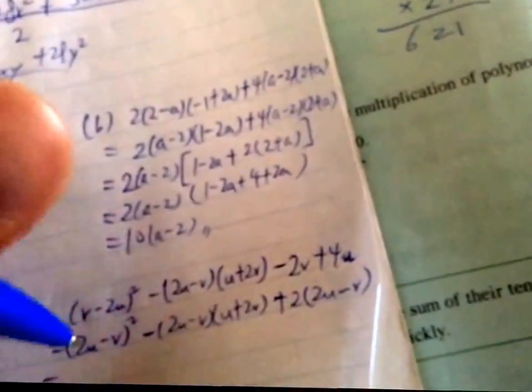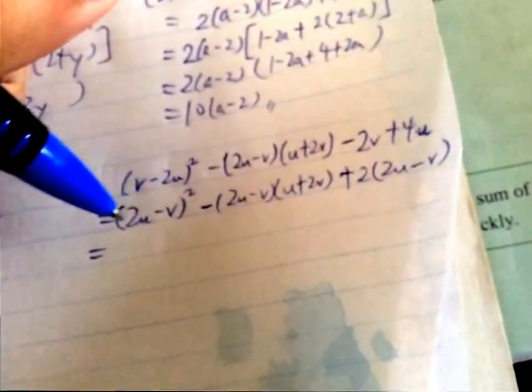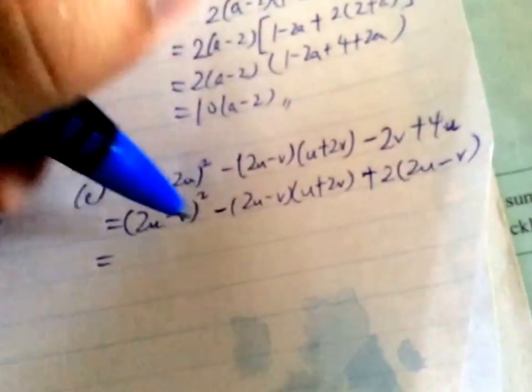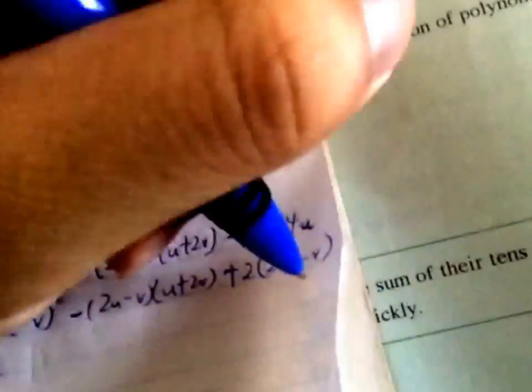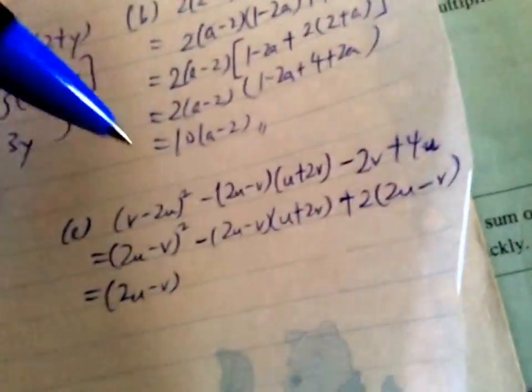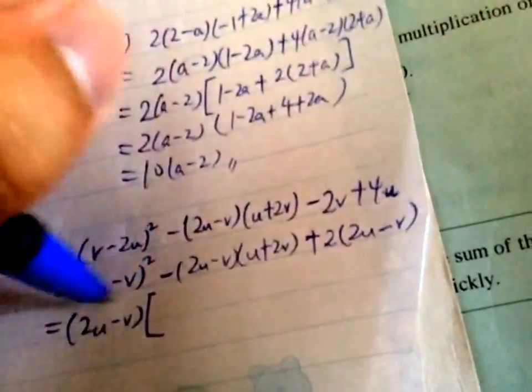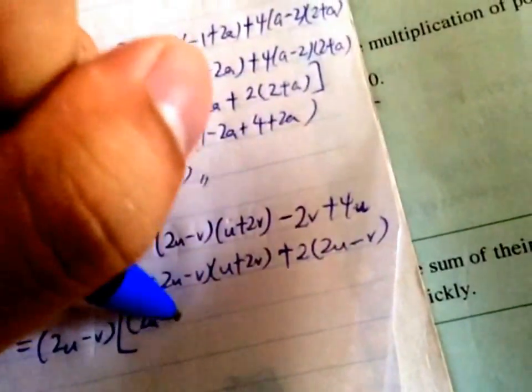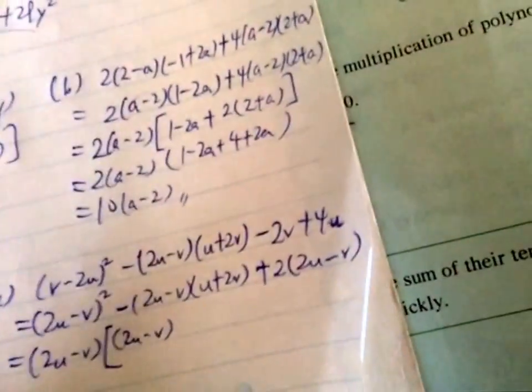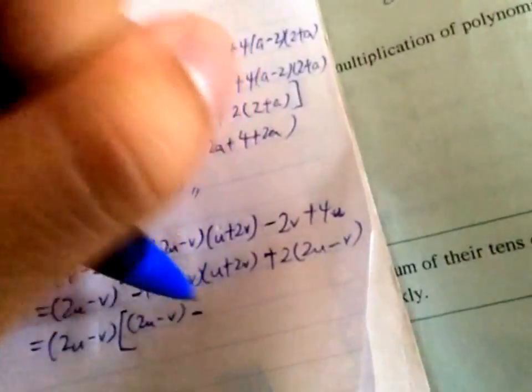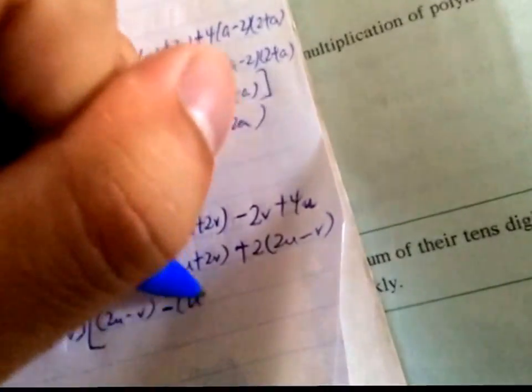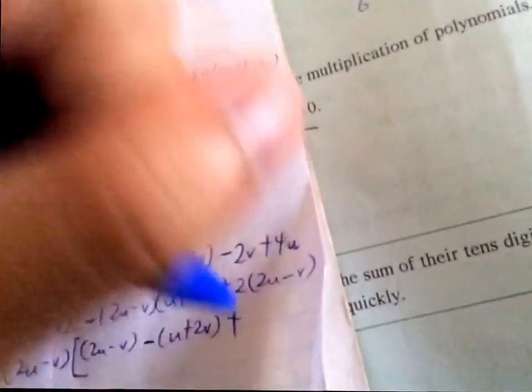Okay, so now we have (2u minus v) times (2u minus v), and then all 3 terms have 2u minus v, so you can take it as a common factor, and this one remains 2u minus v because they have 2 factors of 2u minus v, and minus the whole thing plus 2.